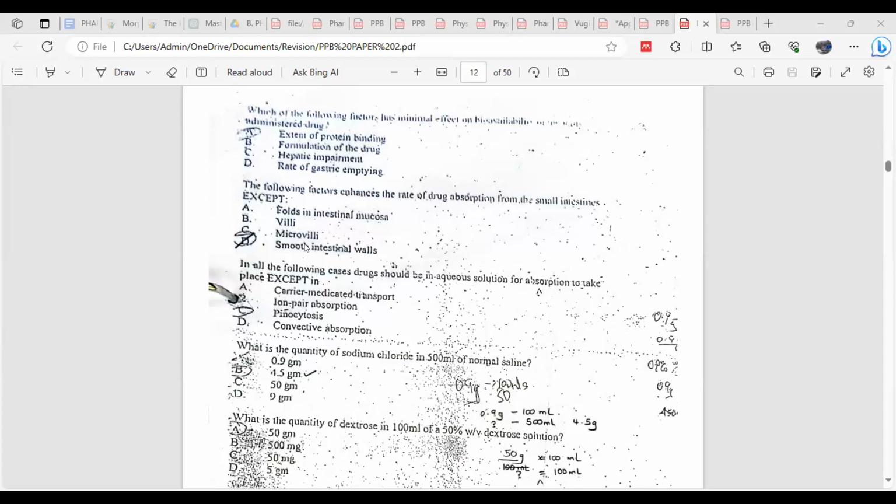Tuambia kama ni hiyo ion pair ama carrier-mediated, because I'm still trying to understand this ion pair absorption.